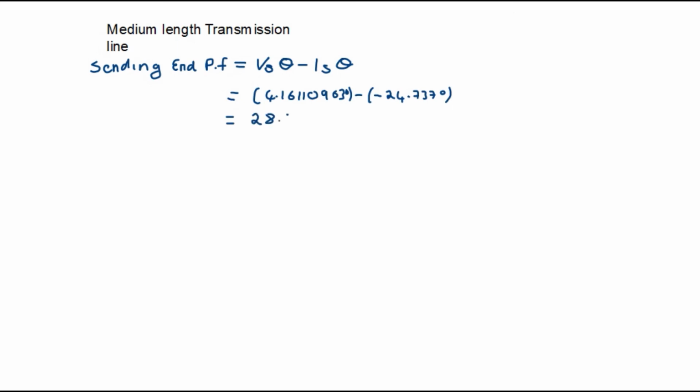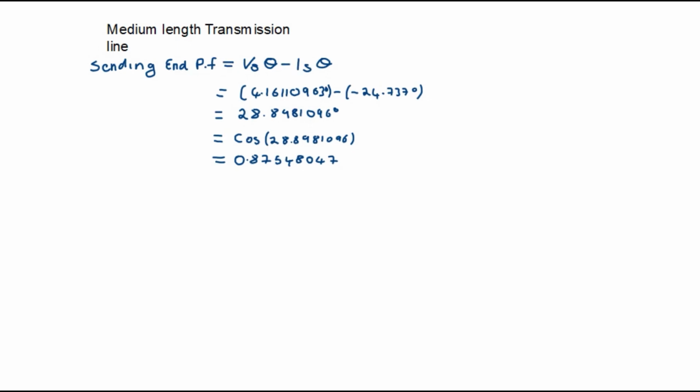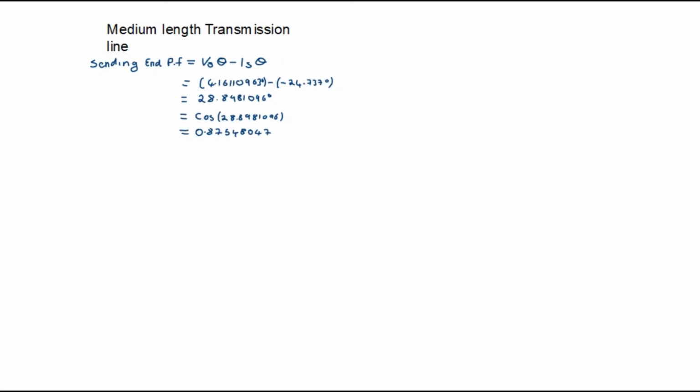This is equal to an angle of 28.8981096. The power factor is the cos of the angle, which is equal to 0.087548047. Before we calculate transmission line efficiency, we need to calculate the sending end and receiving end apparent power.